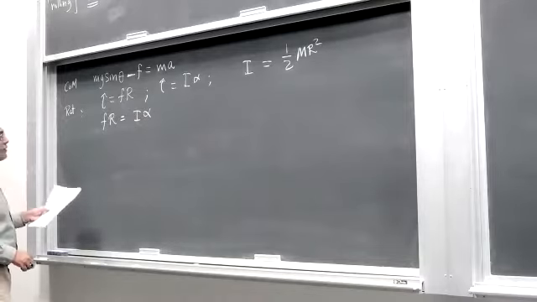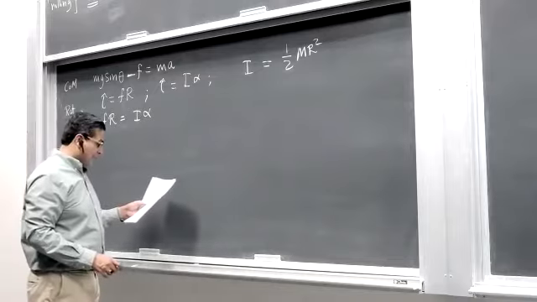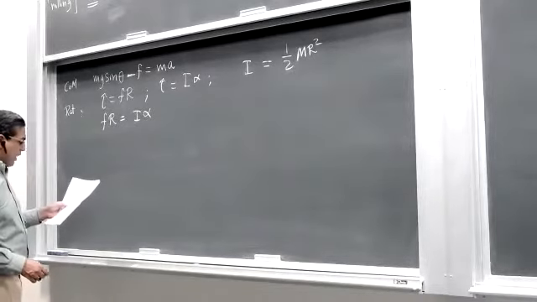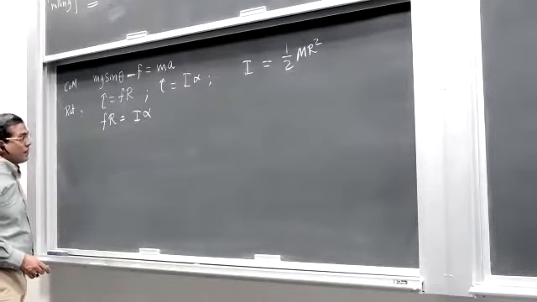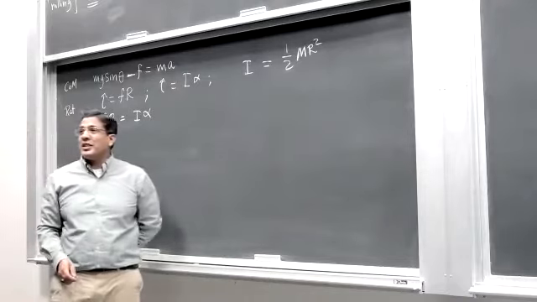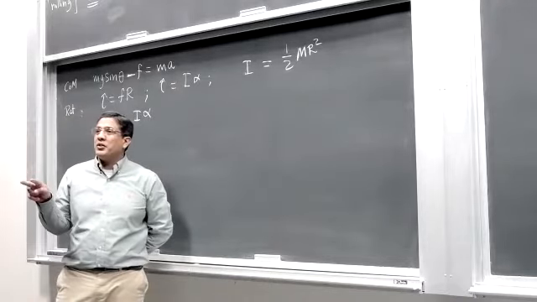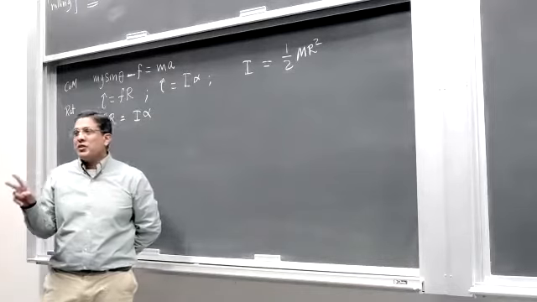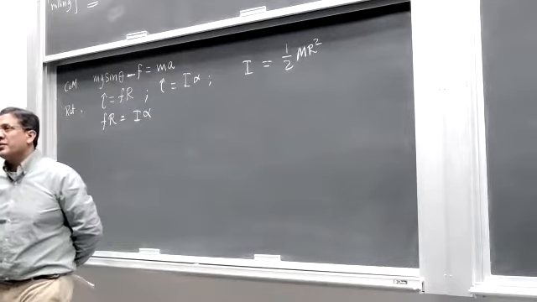One more thing. What is the condition we derived, rolling without slipping? What is the relationship between rotational and translational motion once we assume rolling without slipping?